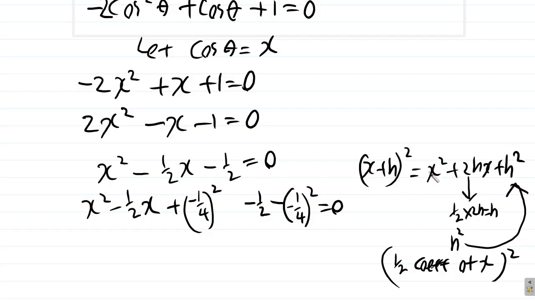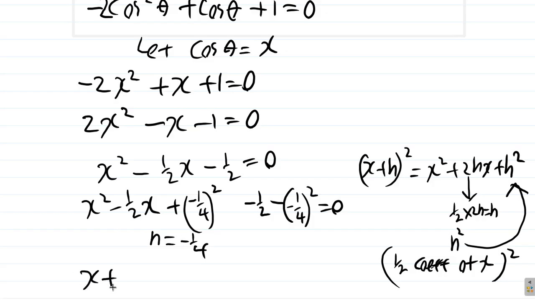Alright, you see this part? You have x squared plus half x, which is like 2hx, plus half of negative half squared. So it's half of 2h squared. So this can be written as x plus h squared. So in this case, h would be negative a quarter.